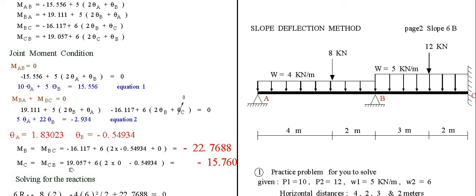So CB: 19.059 plus 6 times 2 theta C, which is 0, plus theta B, which is minus 0.5.